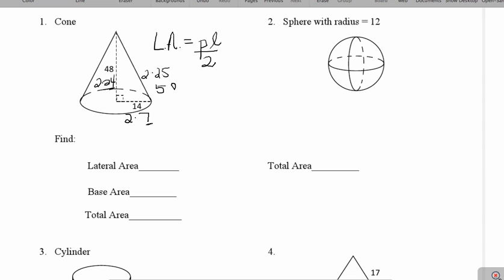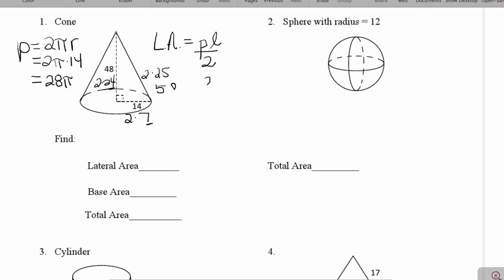Now, to find the perimeter of the base, since the base is a circle, we're going to use our circumference formula. So we have 2 times pi times the radius. And I know the radius is 14, so 2 times pi times 14. When I simplify this, I get 28 pi as the perimeter of the base.